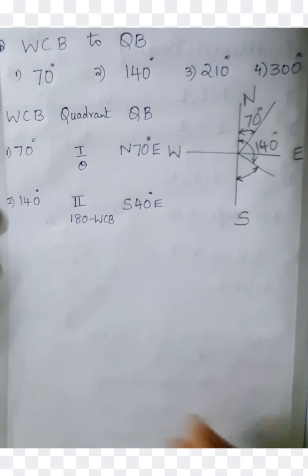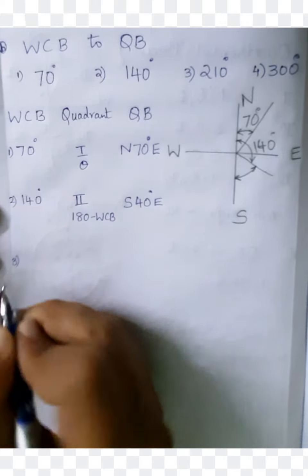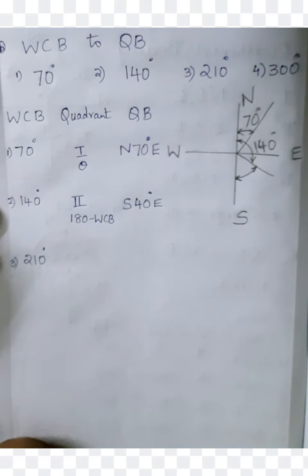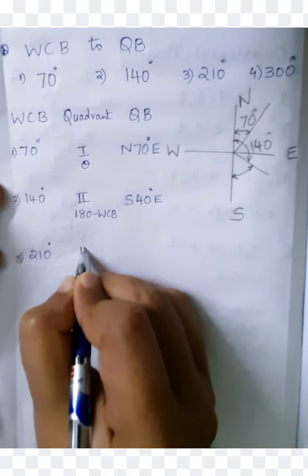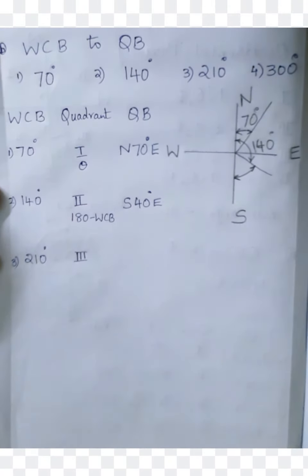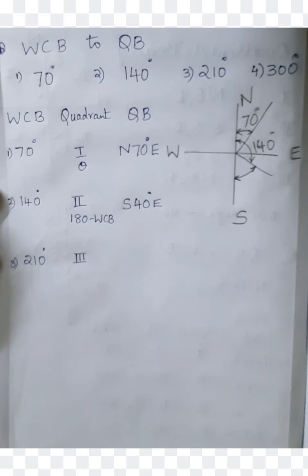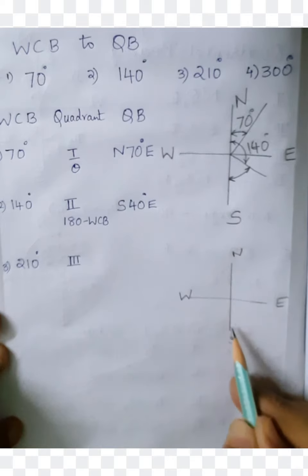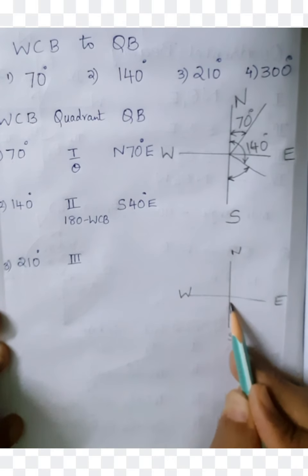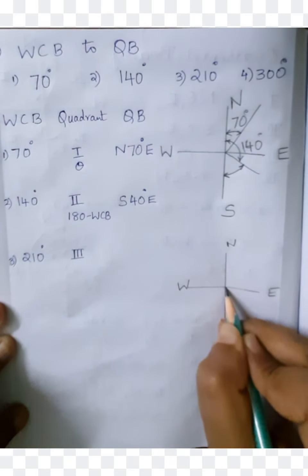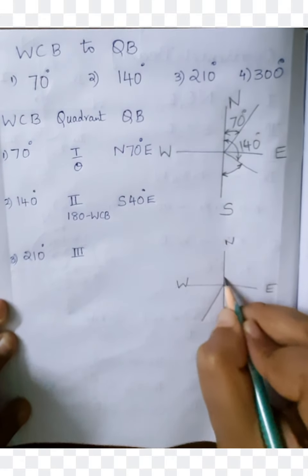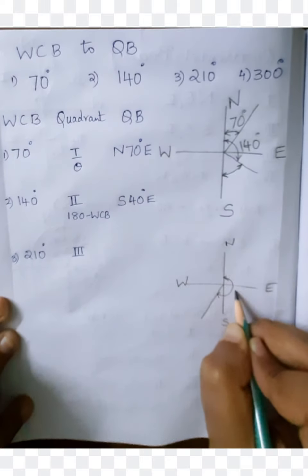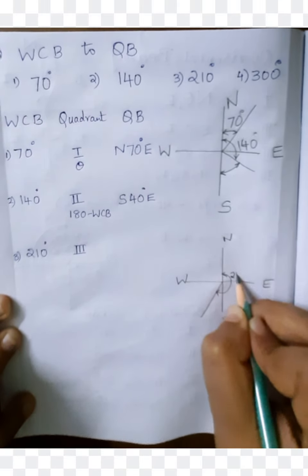Coming to the third one, 210 degrees. This falls under the third quadrant. Here to here is 180 degrees, and 210 falls somewhere here. So this is the angle in the whole circle bearing system, 210 degrees.